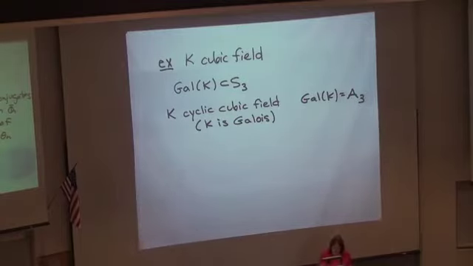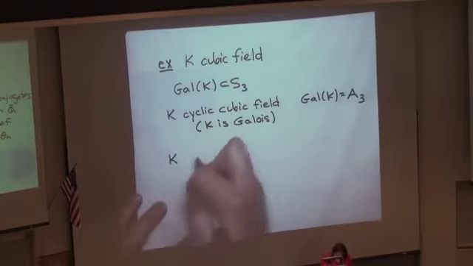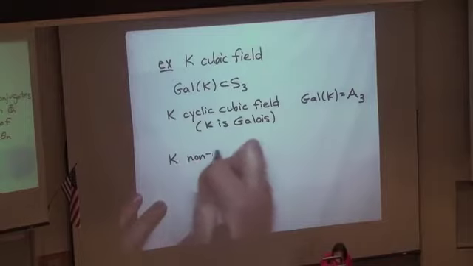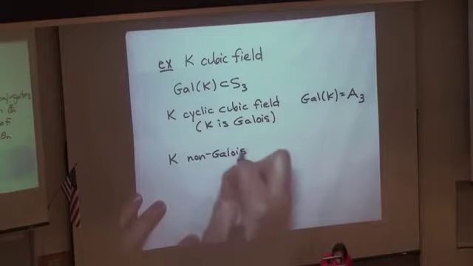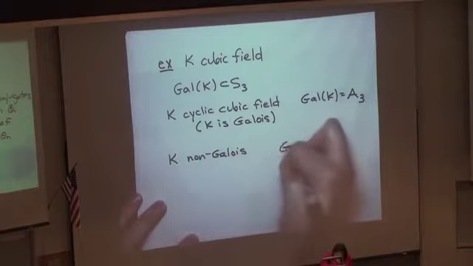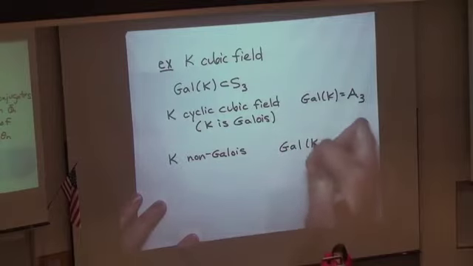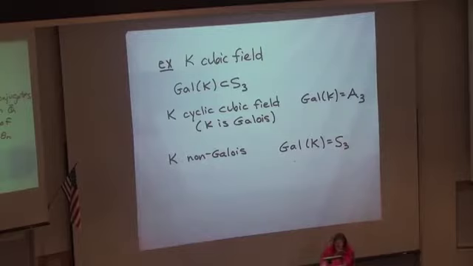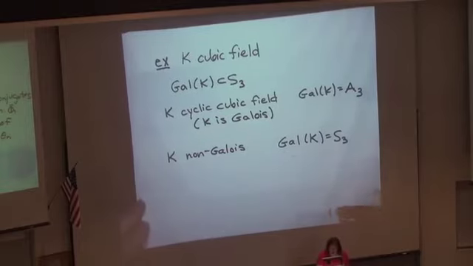It's a cyclic group of 3 elements. But if K is a non-Galois cubic field, then this Galois group is S3. And both when I write A3 and S3, I think from that it's clear how I mean them to act on 3 things.